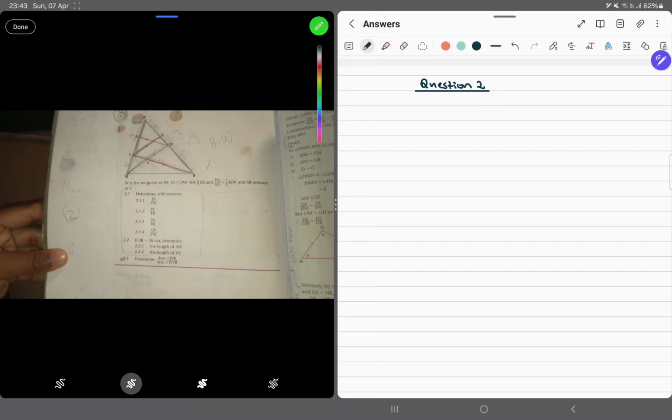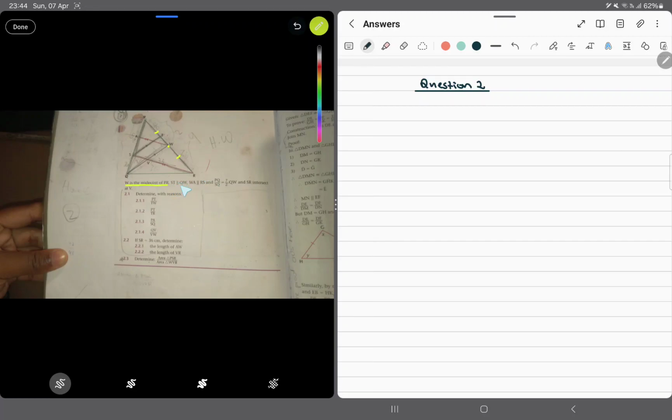So now that is very important. W is the midpoint of PR. So if that is the case, it means here we are cutting PR into 2 equal parts, meaning PW is equal to WR. So that is very important.